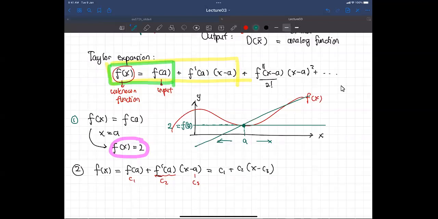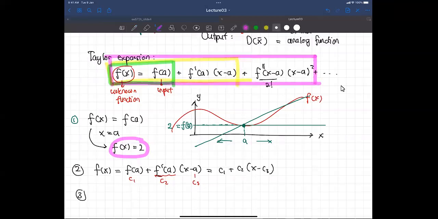Okay. So if you continue this for the third term, it means that you include all these three. Now the function is more complex. f(x) equal to f(a)... I don't want to write it, you can just look at that.